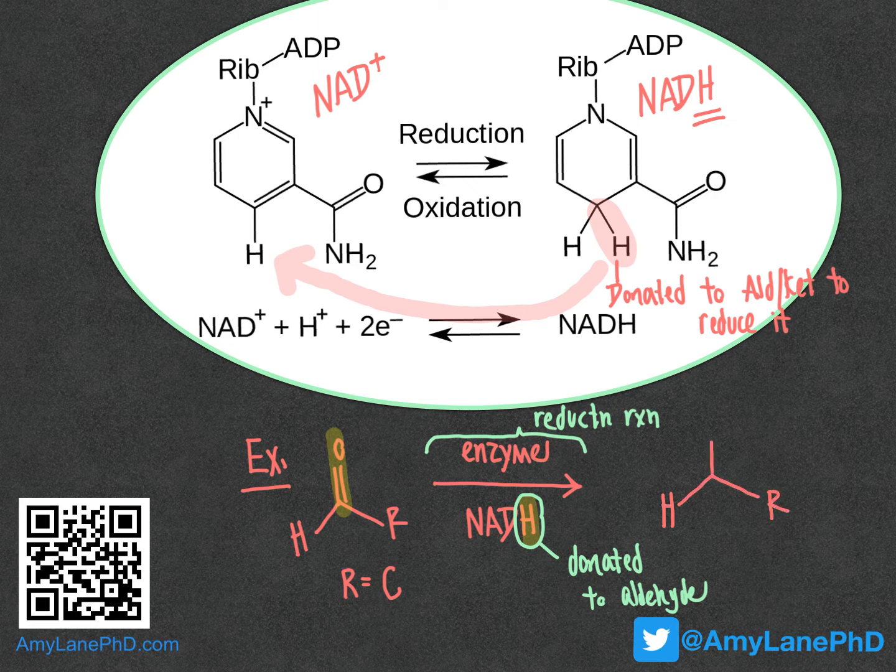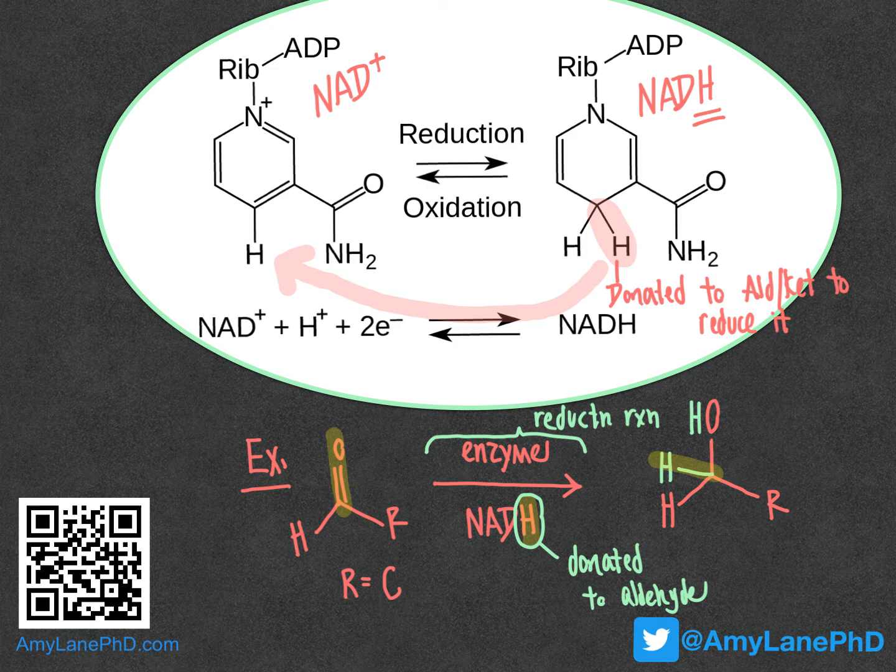So I'm redrawing the original skeleton of the aldehyde, but now rather than having an aldehyde group, instead we bond a hydrogen here and a hydrogen here, and it's this hydrogen atom right here, which I just highlighted and I'm laser pointing, donated by the NADH.